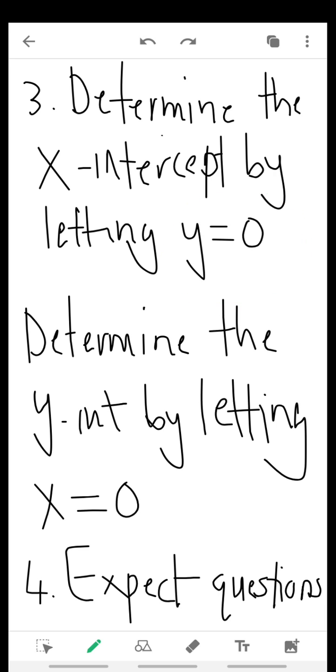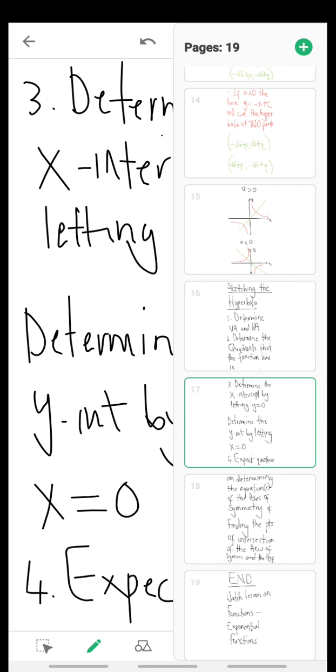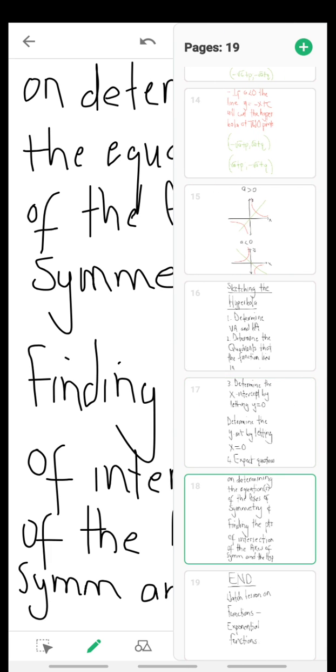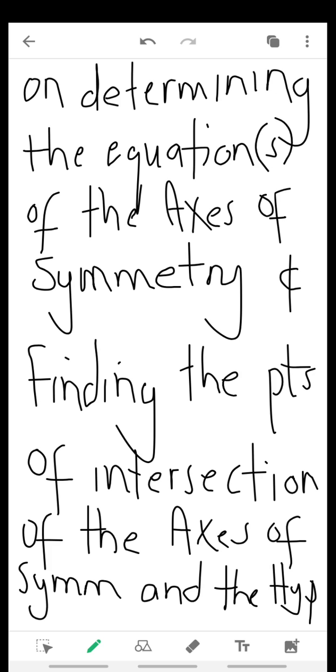Similarly, determine the y-intercept by letting x equal 0. And then the fourth point is you should also expect questions where you need to determine the equations of the axis of symmetry, and also where they say find the points of intersection of the axis of symmetry and the hyperbola.